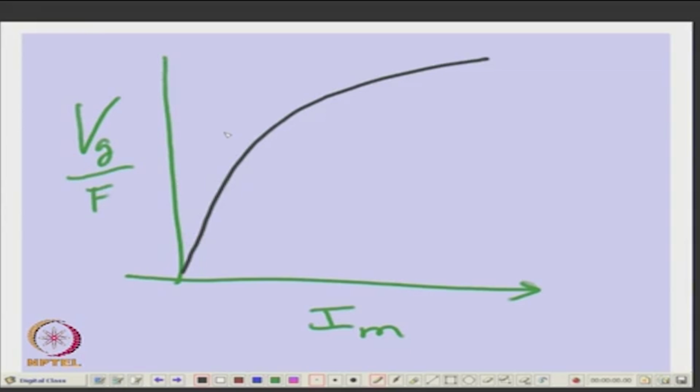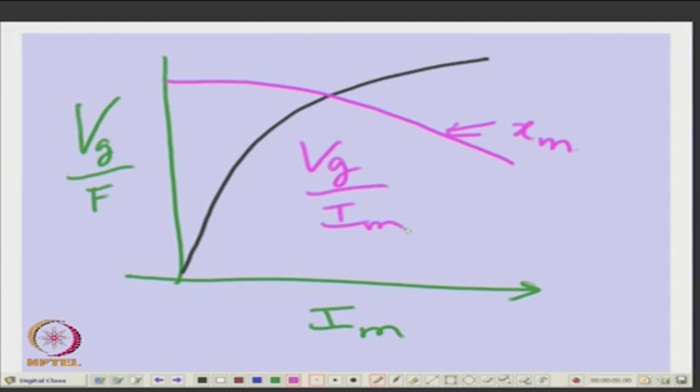Now, the ratio of this is Xm. This is nothing but Vg by Im. So, there is some information available to you from which you should be able to estimate the voltage.